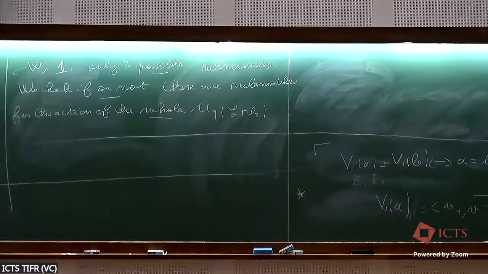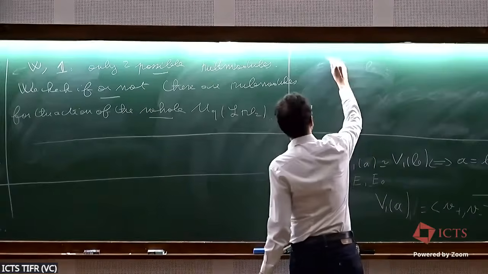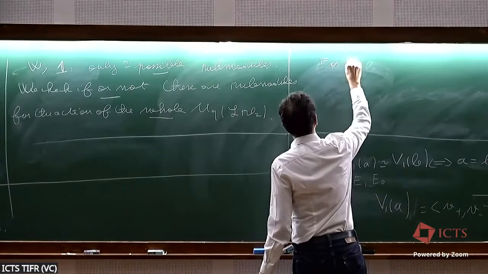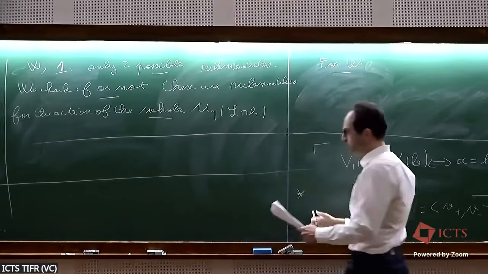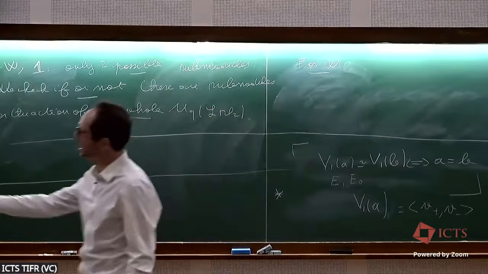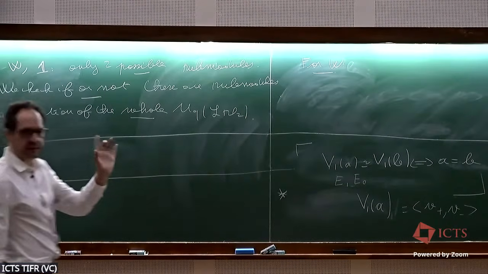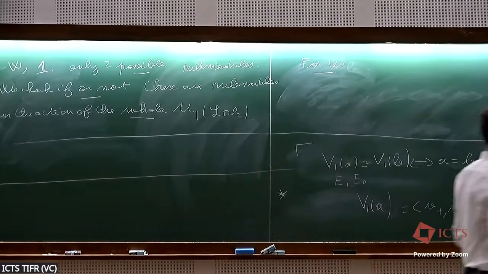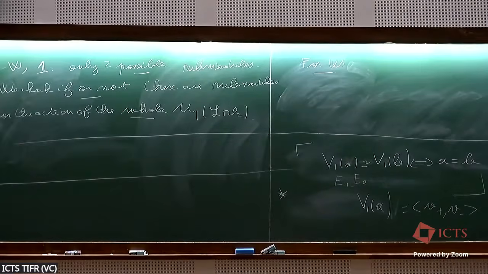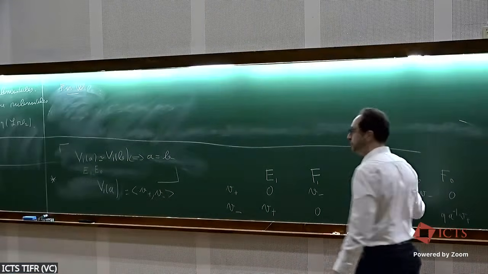And in fact, it's in this case quite easy to do. So let's look at W. So W is generated by the tensor product of the highest weight vector. So what we can do, we take again this tensor product of highest weight vector, but instead of applying F1, we apply E0.